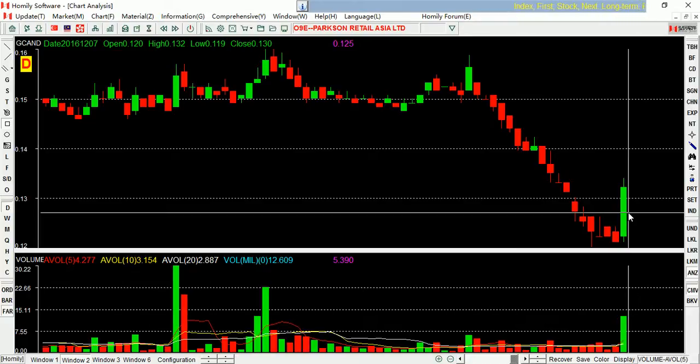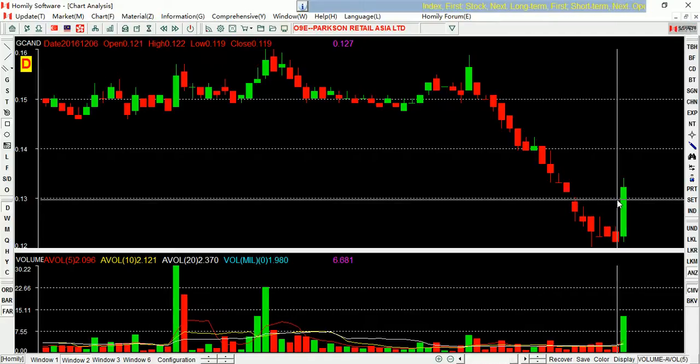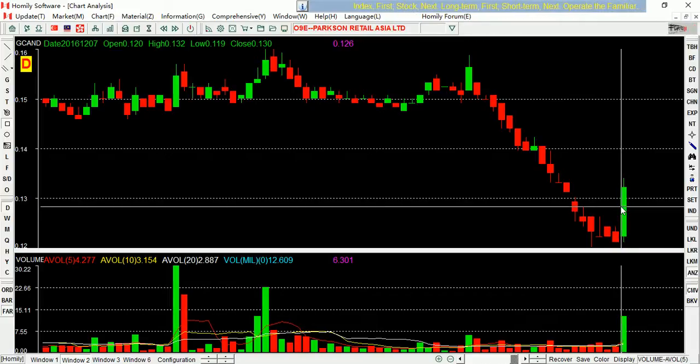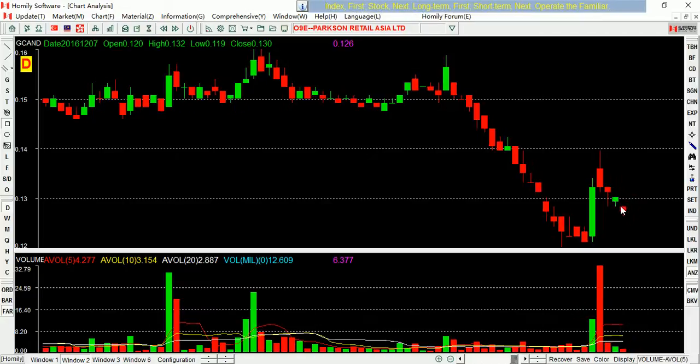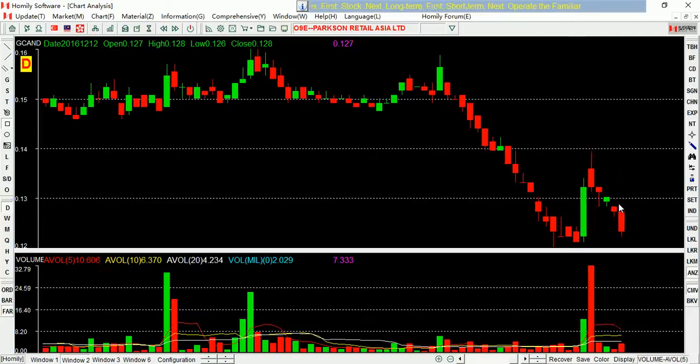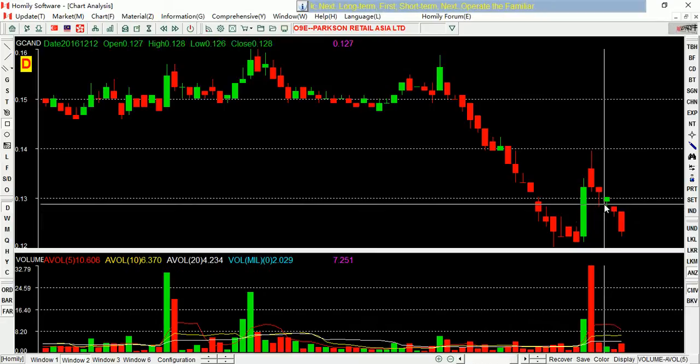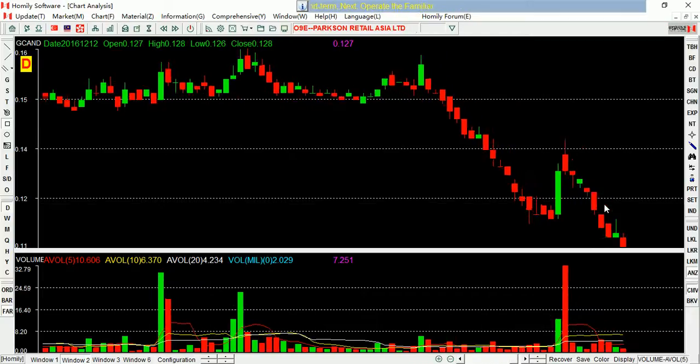But we know that this is the support. But there are two situations. Maybe the price will touch the support and go up again, or go down. So we know that here the price drop around here, then fall below. What's that meaning? You cannot buy because this is the support already fall below. Okay, fell below. So you cannot buy.